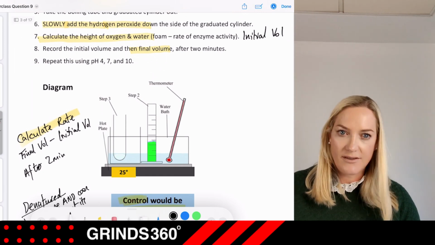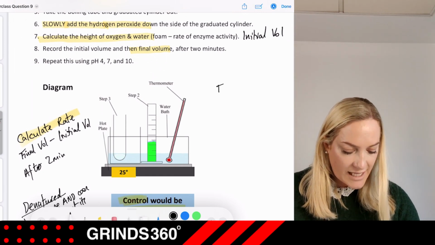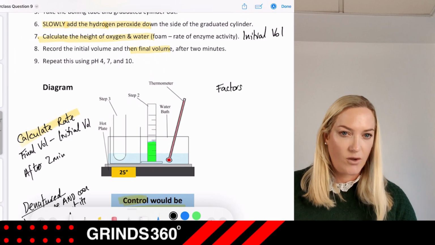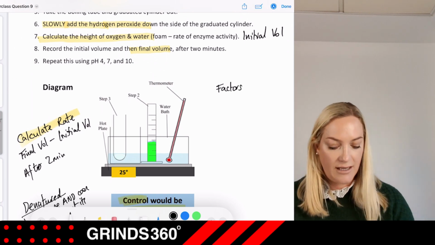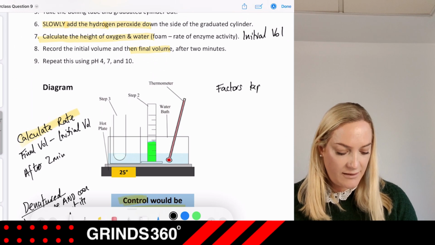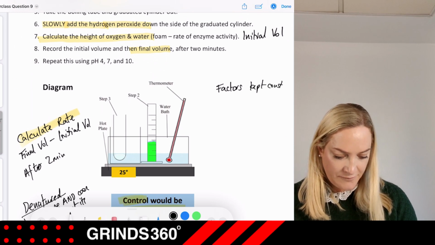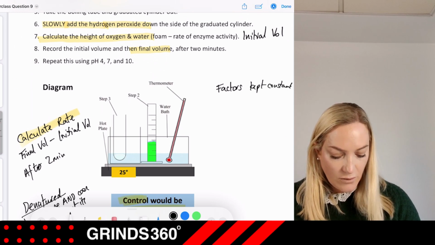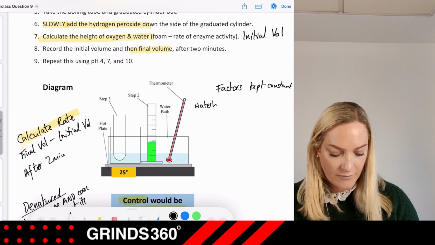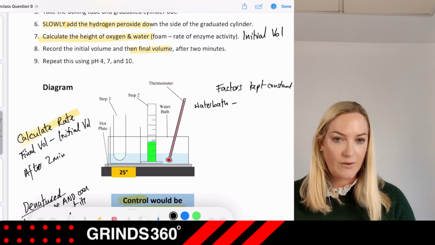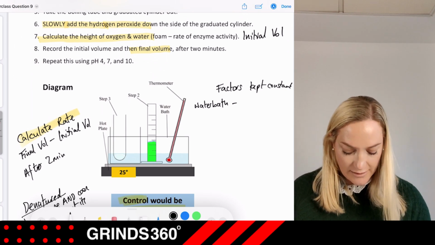So factors kept constant. We need to know these factors and how we keep them constant, as they may ask us. So one is, sorry, that's not water bath, that's temperature.